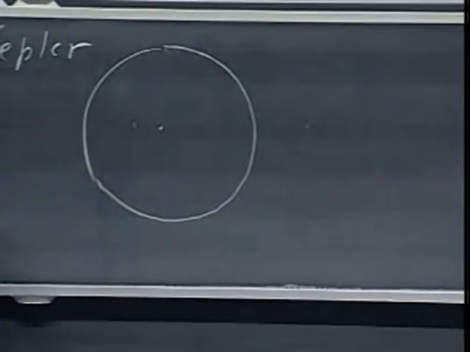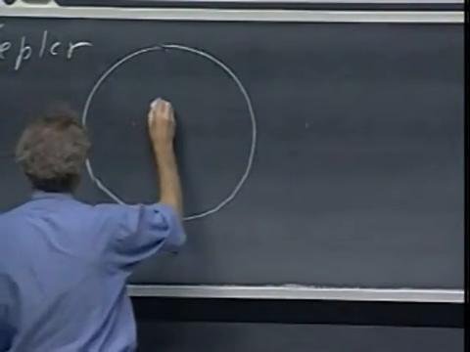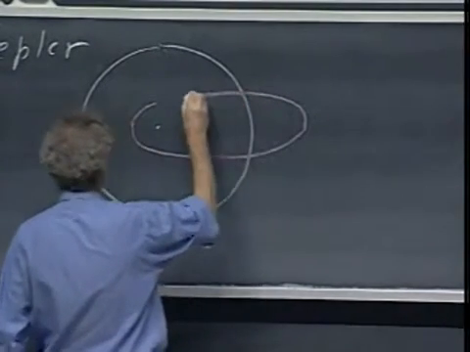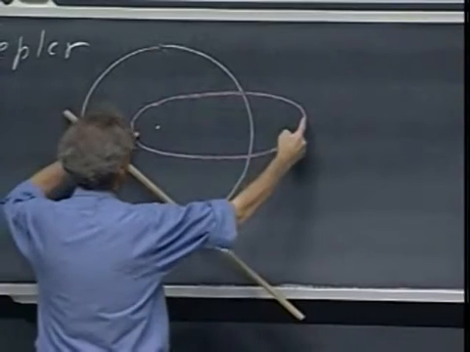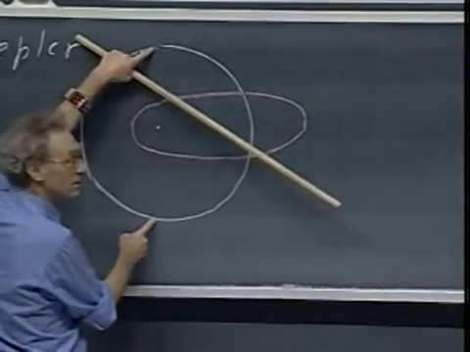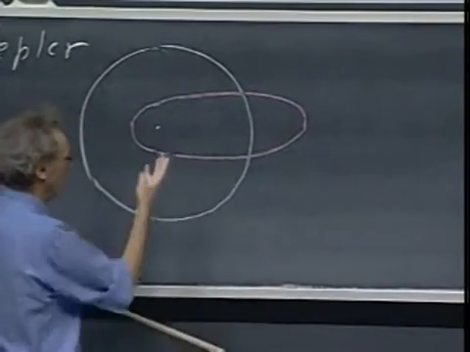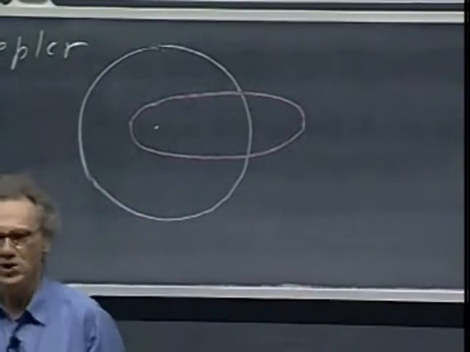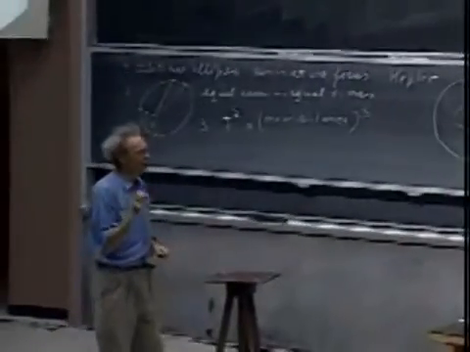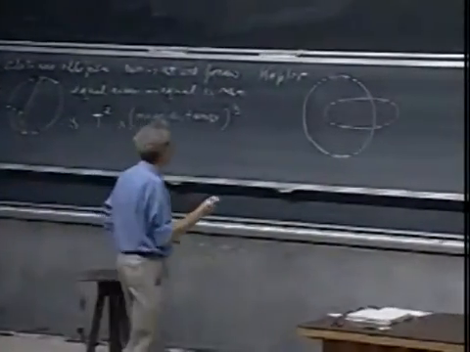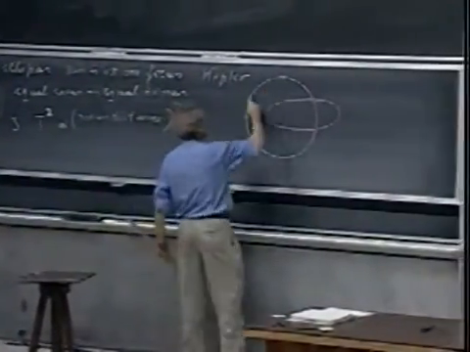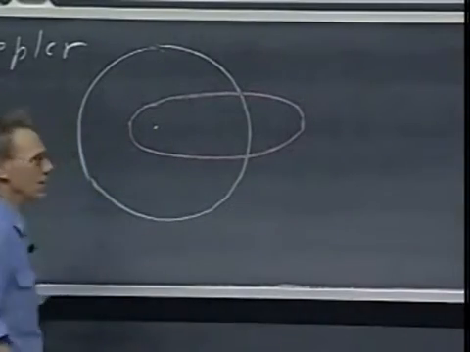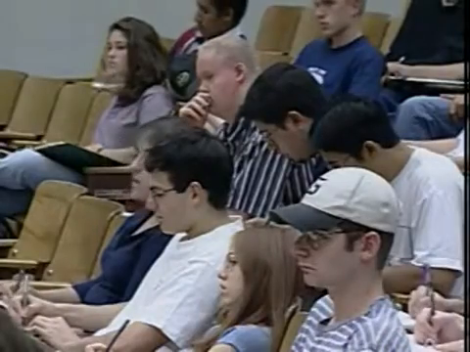Think of it as being an ellipse, and this is another one. This distance is the same as this distance. I've just done it that way. That means, according to equation 5 and 6, that both orbits have exactly the same mechanical energy, and both orbits have the same periods. So to go around this circular orbit will take the same amount of time as to go around this one. And that is by no means obvious.